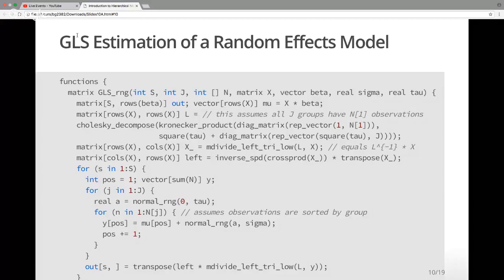Namely, why are these freaking frequentists drawing A from a normal distribution when the entire point of frequentism is that all these parameters, beta, sigma, tau, etc., are taken as given?